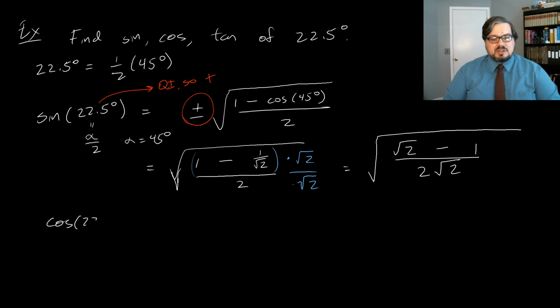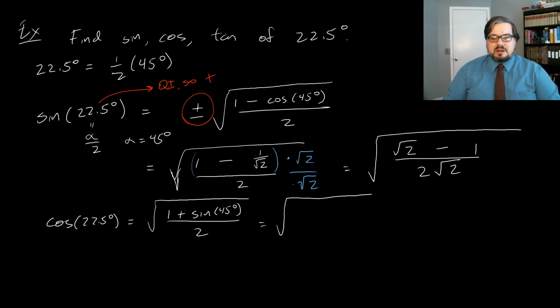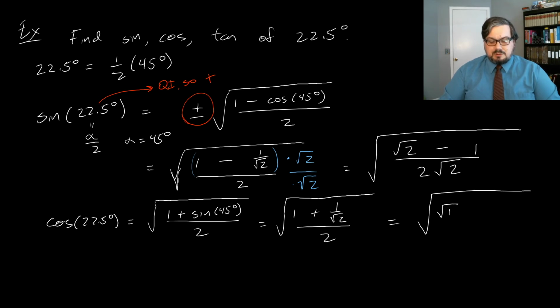Similarly, cosine of 22.5 degrees will be the positive square root, because we're in quadrant 1, of 1 plus sine of 45 degrees over 2, which is the square root of 1 plus 1 over square root of 2 over 2. So the only difference here is that we wind up with a square root of 2 plus 1 in the numerator instead of a square root of 2 minus 1 in the numerator.